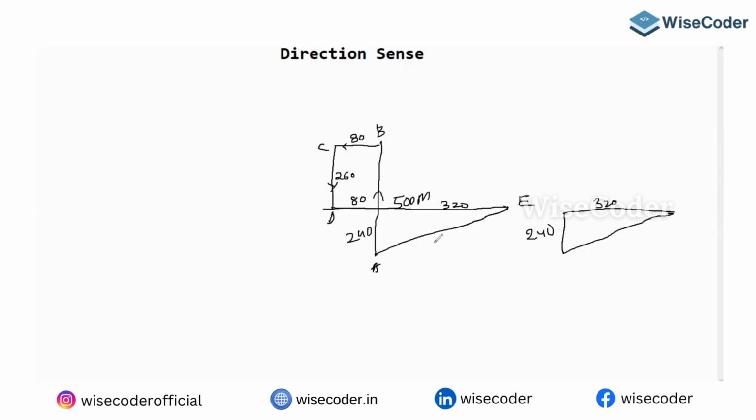So you need to figure it out. Under root of 240 square plus 320 square.